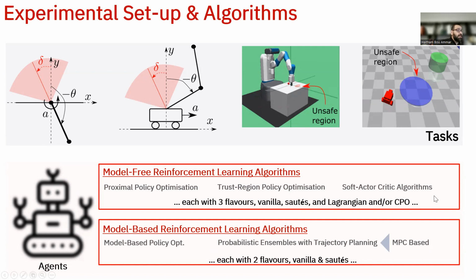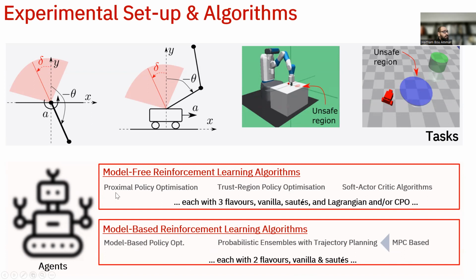We also considered safe algorithms, or constraint satisfaction RL algorithms. We also considered things related to model-based reinforcement learning. So we took model-based policy optimization, and probabilistic ensembles, which is kind of MPC based. And we tried those with vanilla and with Saute.